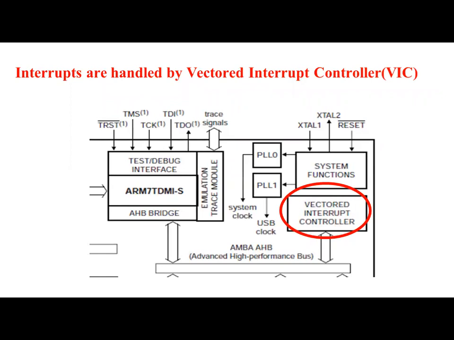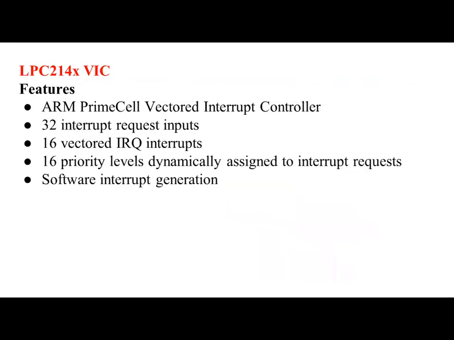We will see here the infrastructure of an LPC2148 with the VIC, that is called the vectored interrupt controller. Here we can show the important features of the LPC2148 vectored interrupt controller.